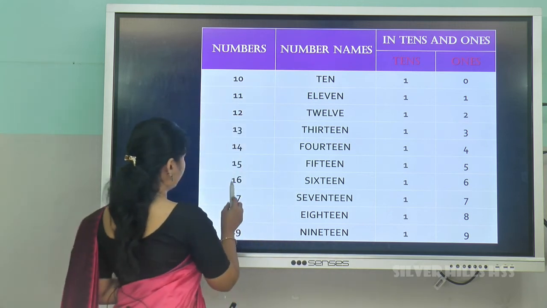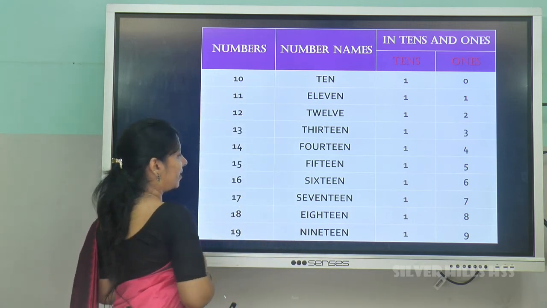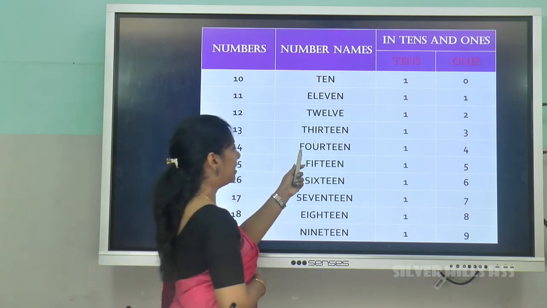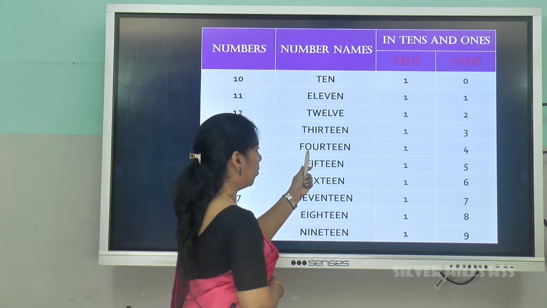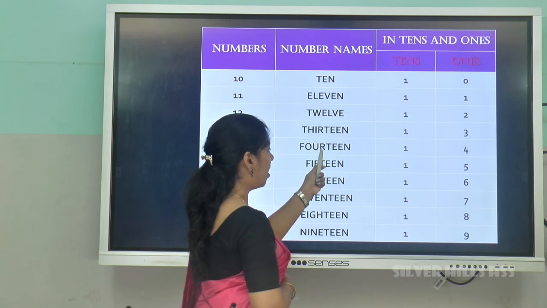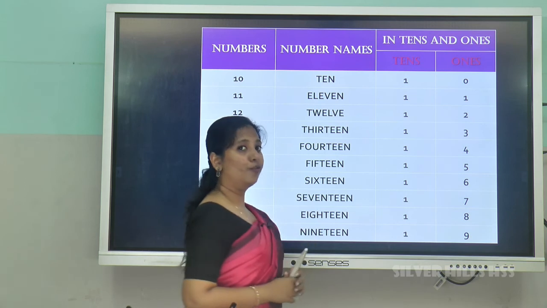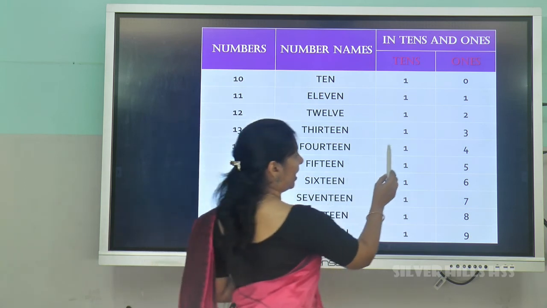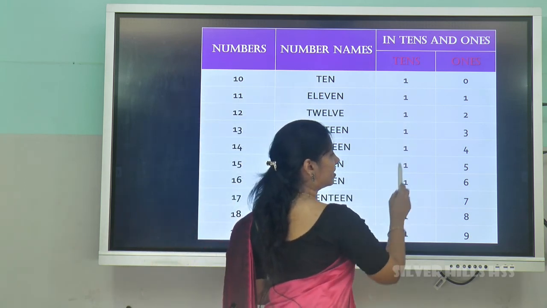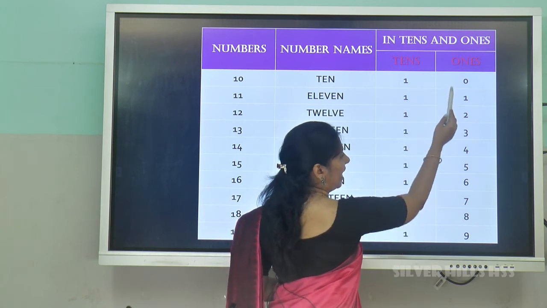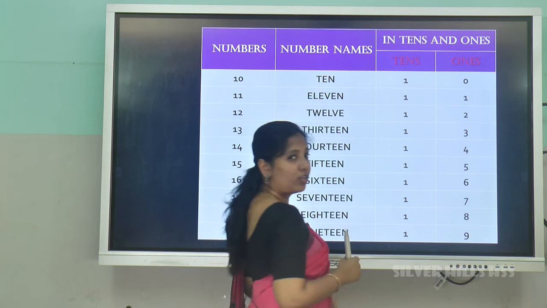Okay. Then next number is 14. How will we spell it? F-O-U-R-T-E-E-N. 14. And how will we represent it in tens and ones? In tens place we will write 1 and in ones place we will write 4.